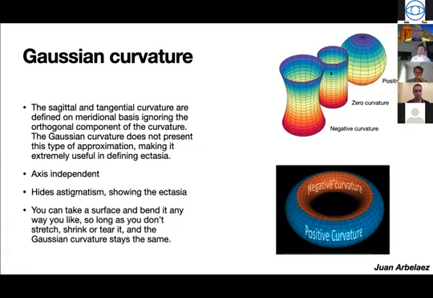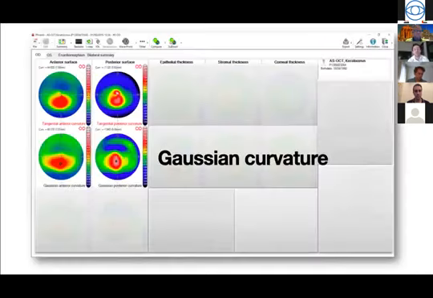But if you try to fit this paper in a spherical component to produce a positive steep curvature, you will see that you either have to fold or tear the piece of paper to be able to create this shape. So this is what is measured exactly by the Gaussian curvature maps.